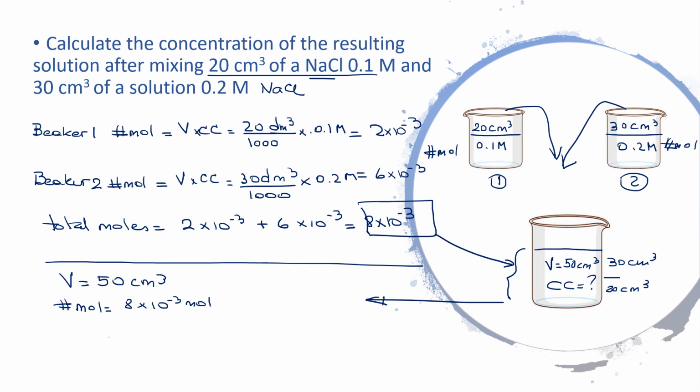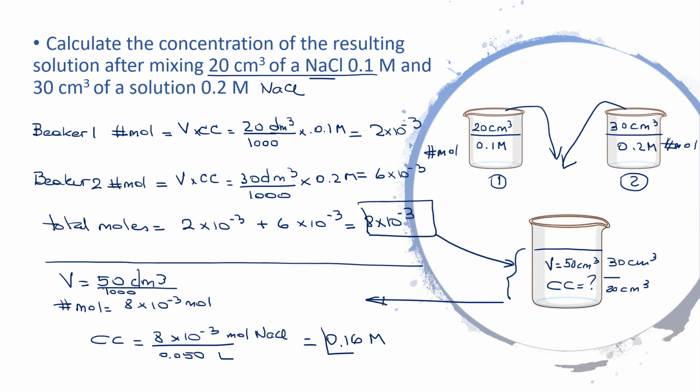So the concentration is going to be 8 times 10 to the negative 3 divided by the volume. Be careful, the volume has to be in decimeters cube, so I'm going to put here 0.050 liters, and these are moles of sodium chloride. So it's 8 times 10 to the negative 3 divided by 0.050, 0.16 molar.